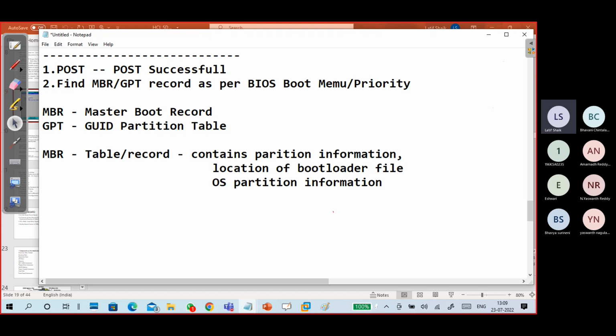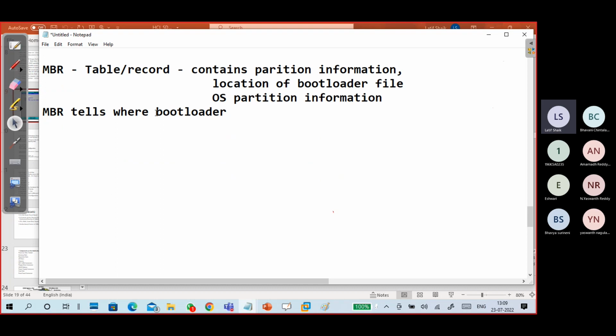Then the MBR record. The MBR file, or MBR, tells where the bootloader is. That's why it is the master boot record. So where is the bootloader?